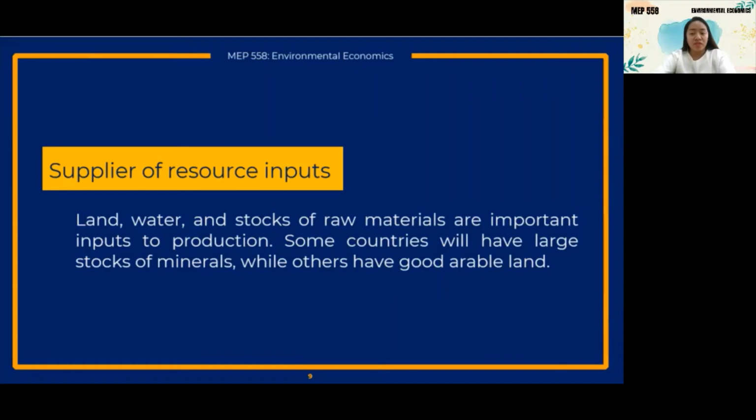These resources are used by the production sector to create goods and services for use by consumers, or as inputs for another part of the production sector. But in the process, waste products will be produced. As mentioned earlier, this is what we call the residual.